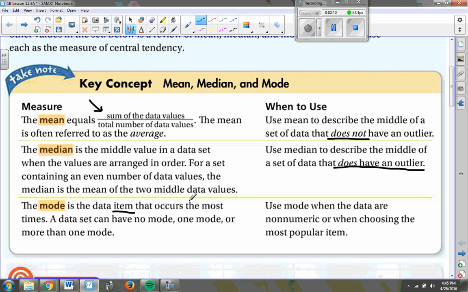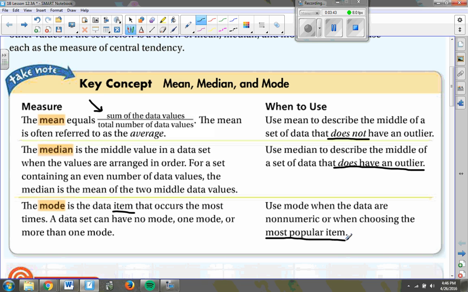Mode is not usually a measure of the center of a data set. But we use mode when we're trying to choose the most popular item, or when we have a data set that is non-numeric. Like if we had a list of dog breeds, it doesn't make sense to find the average dog breed, but we can certainly talk about the most popular dog breed, which would be the mode, the item that occurs most often.